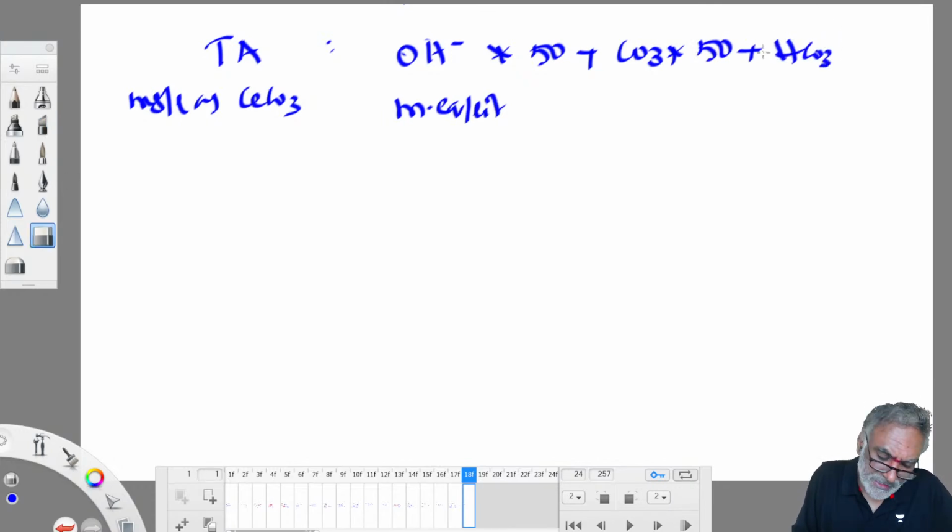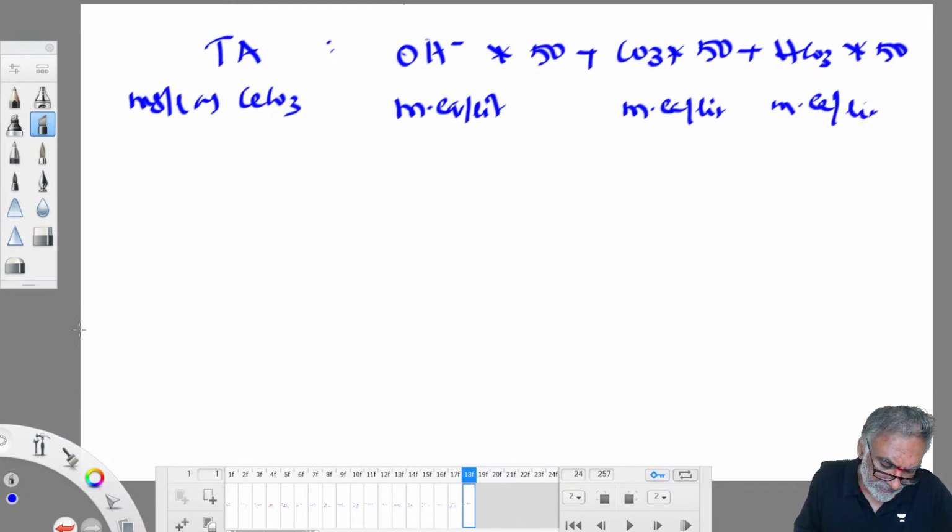See, if any one of them is missing in the question, you can take it as 0 comfortably. If present, they will give. If they are given in milliequivalents per liter, the equation you can follow is this one.